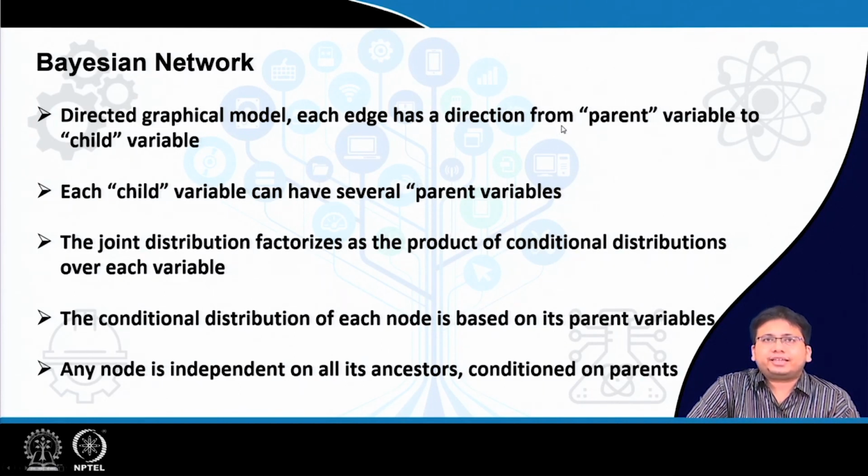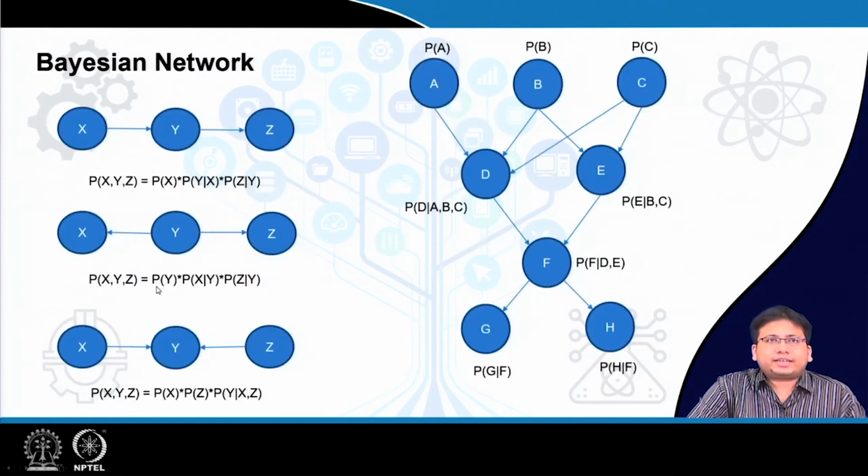Just like in a normal graph we talk about source to destination or source to sink, in this case we say that the edge points from the parent variable to a child variable, and each child variable can have several parent variables. Now the joint distribution factorizes as a product of conditional distributions over each variable.